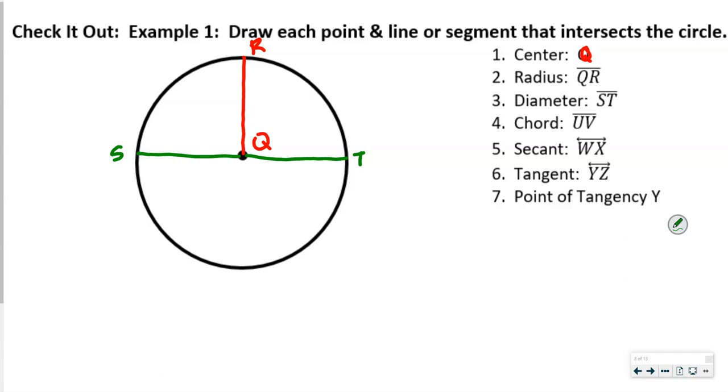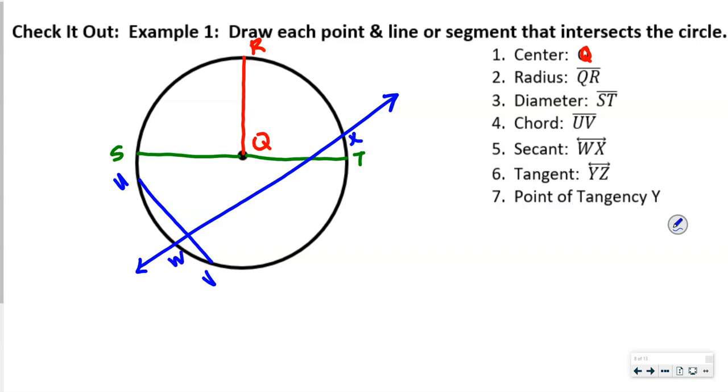So I'm going to do chord UV over here. Chord UV, and so it's got 2 endpoints on the circle. Then we have a secant that is WX, okay? So let's see, how can we do this? So a secant is a line that goes through the circle, right? So this would be WX.